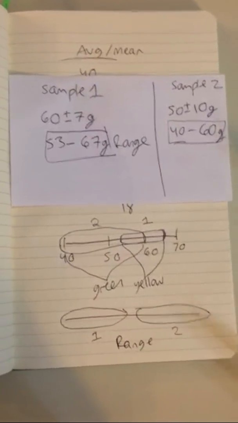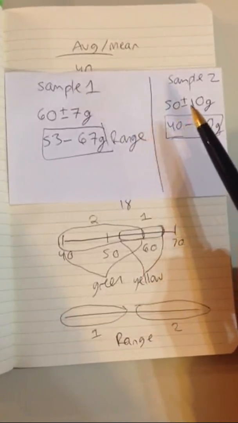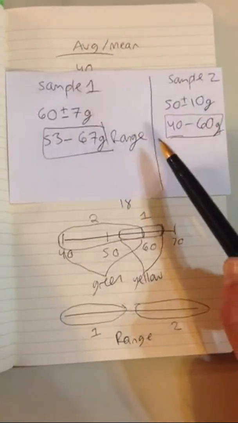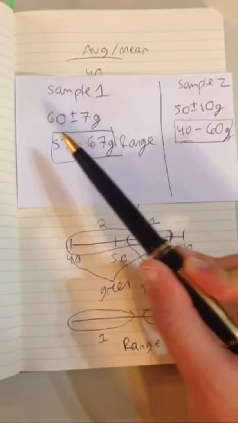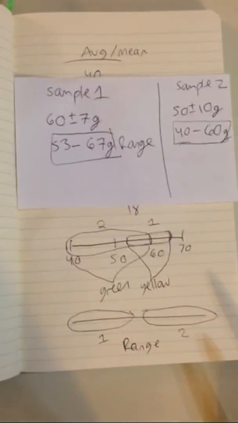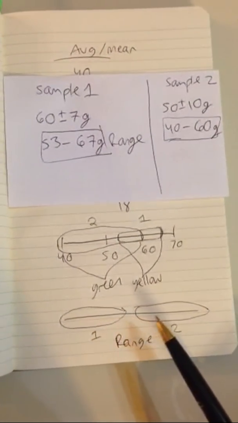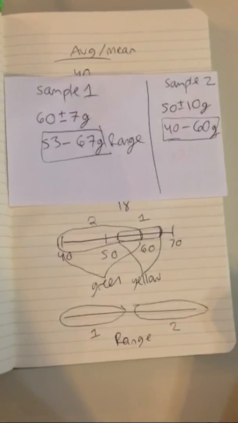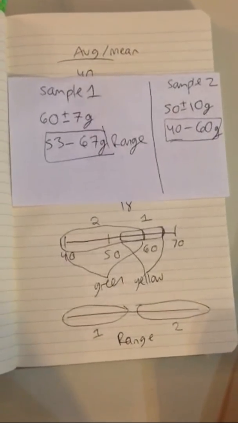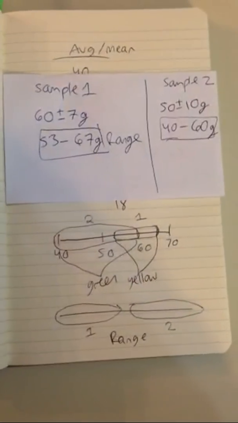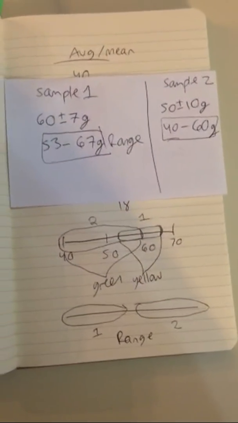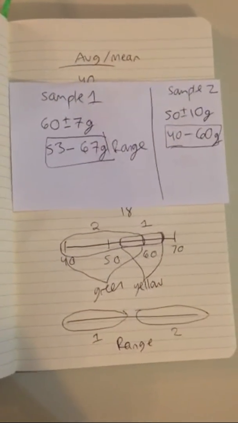And based on my averages and standard deviations, as well as my ranges, you'll have to refer to your actual data, you can say that you concluded the two sample sets were significantly different or not significantly different.